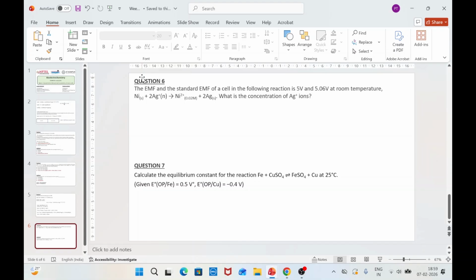All these are meant for practice. This is a problem solving session, so we are supposed to practice more problems. That is the reason I specifically took this question once again, so that in the live interaction sessions, apart from the first one, in the 2 sessions and the 1 session that is going to come up, we will practice how to use the Nernst equation as many times as possible.